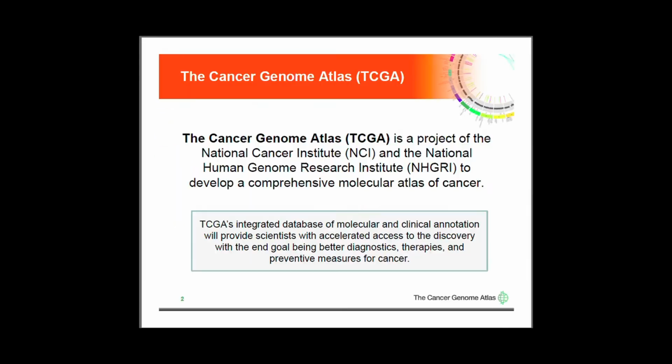So to start off, just set the ground rules. The Cancer Genome Atlas was started to try to develop a comprehensive atlas of cancer. So they were taking every molecular platform that was available at the time, and every single patient sample that comes in will get gene expression data, sequencing data, DNA methylation, microRNA.